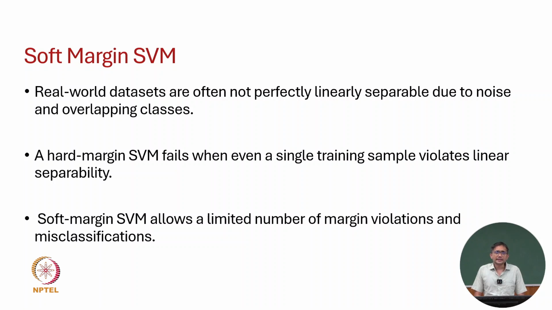In such cases, a hard margin SVM fails when even a single example violates the linear separability. Here, the soft margin SVM comes into play. This allows a limited number of margin violations and misclassifications.